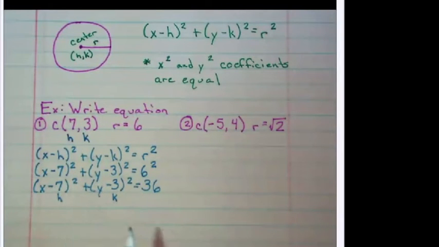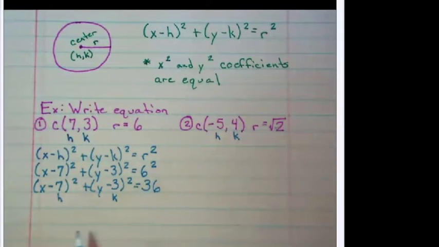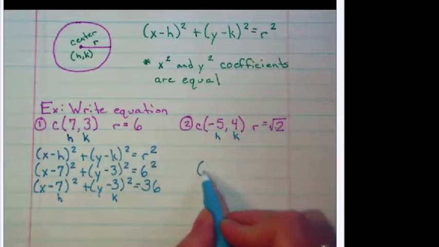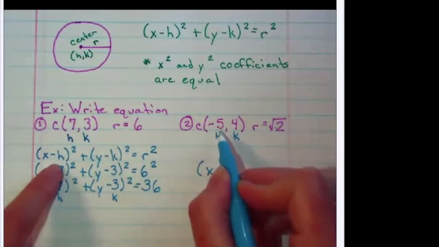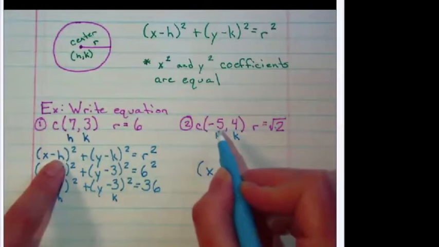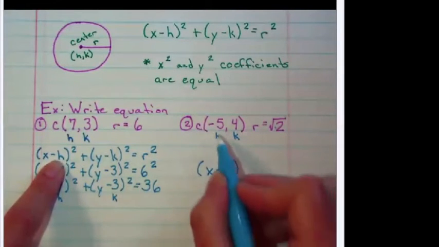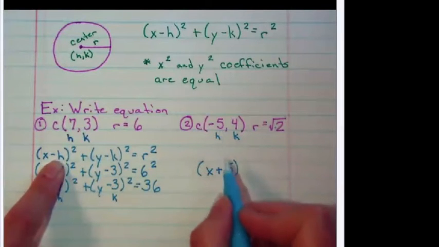So there's one. Let's look at what happens if we change the sign. So this is h and this is k and there's our r. So if we plug all of these into that equation, we're going to have x. If we plugged in a negative 5 to minus h, we would have x minus a negative 5. So that's going to change the sign and make it plus 5. So just notice that from our center point to the entry that I have into my equation, the signs are the opposite.